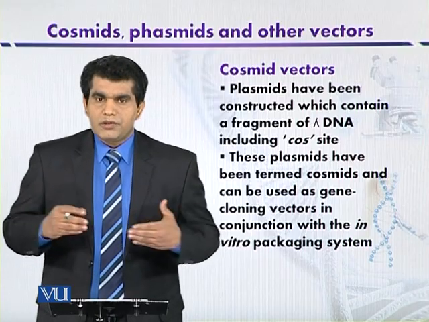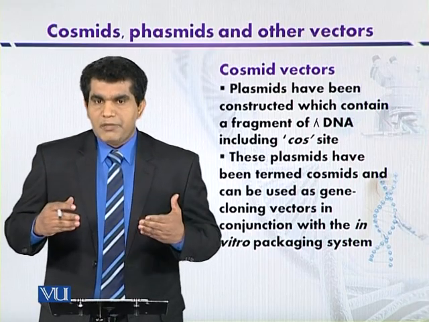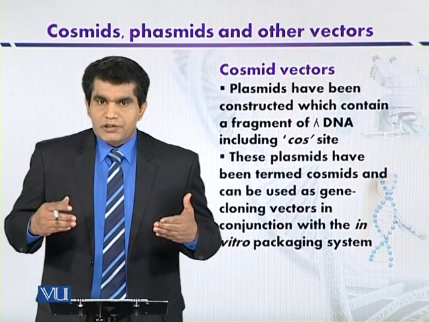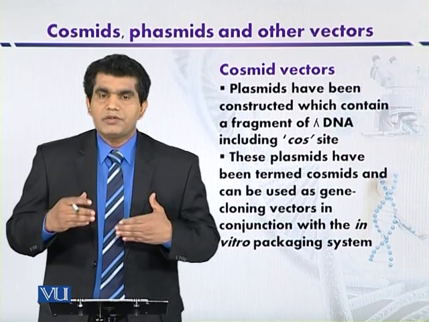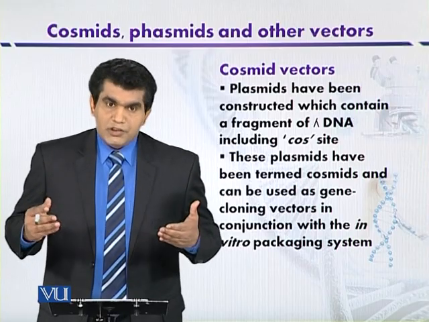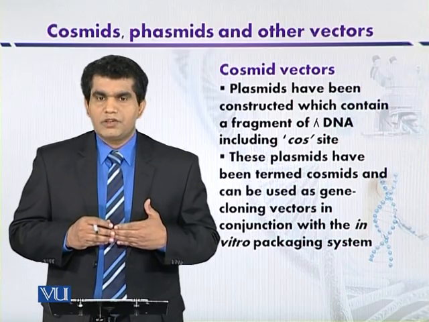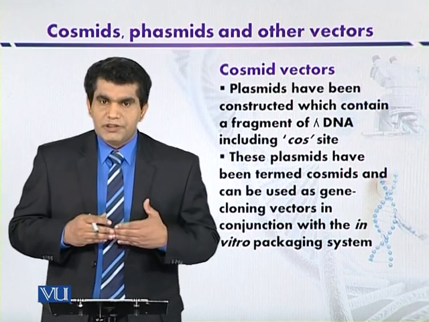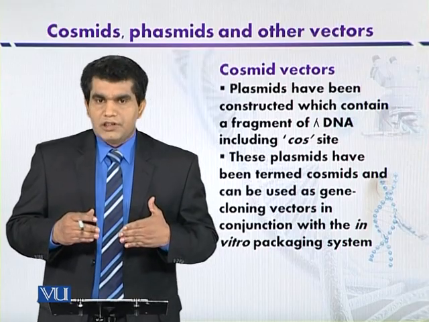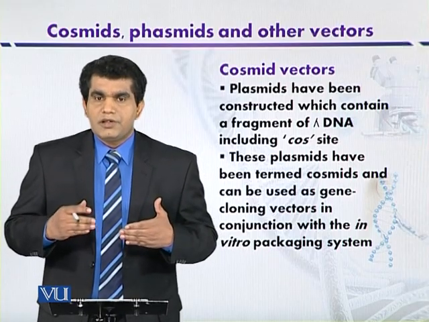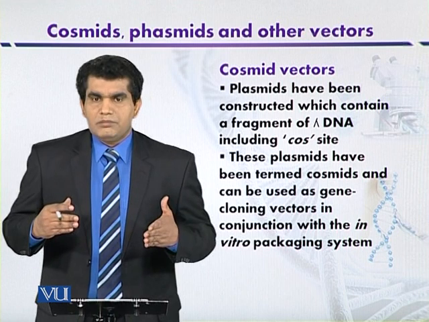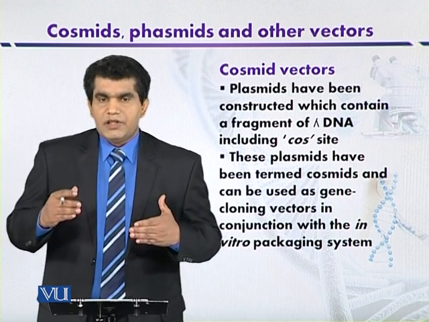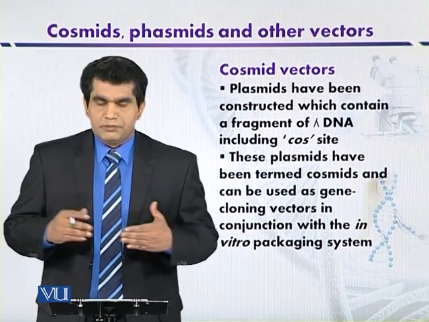If we have a look at the genetic map of the Cosmid vector, as we have already discussed, it contains the cos site from the lambda genome, and of course it will also contain selectable markers in the form of antibiotic resistance and a restriction site for a particular restriction enzyme so that we can insert larger DNA fragments of foreign origin.